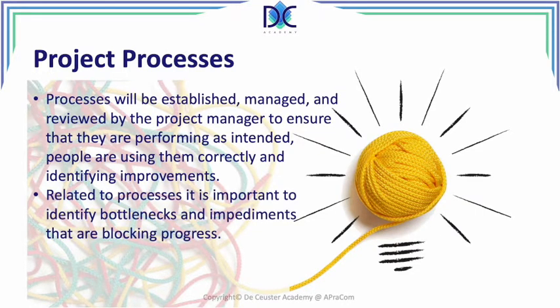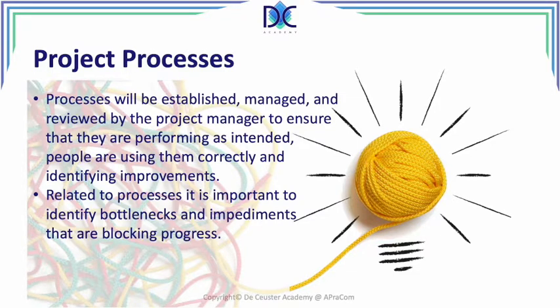When we look at the processes, and we also know this from operations management, it's very important to identify the different bottlenecks. Bottlenecks are places where the capacity is reduced, and we have to find out what we can do about those bottlenecks.